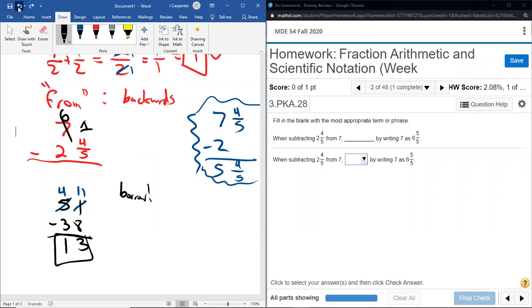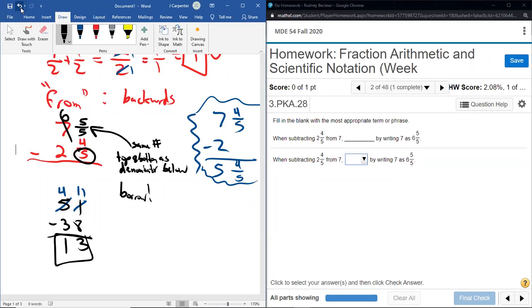So the idea is, when you borrow this whole, the fraction that goes here should be the same number, top and bottom, as the denominator below. In other words, whatever this number is, you want to put here, top and bottom.